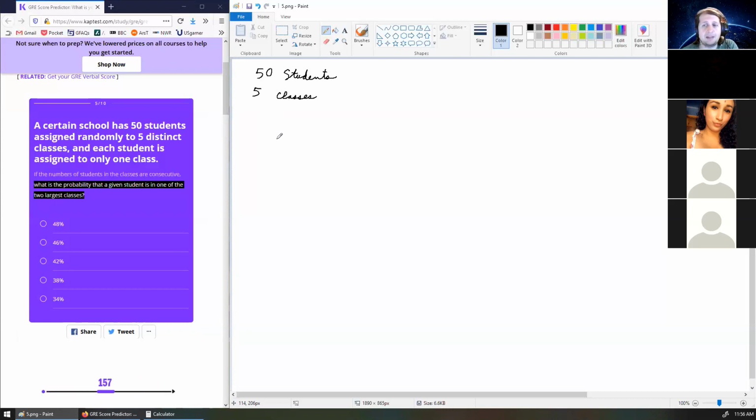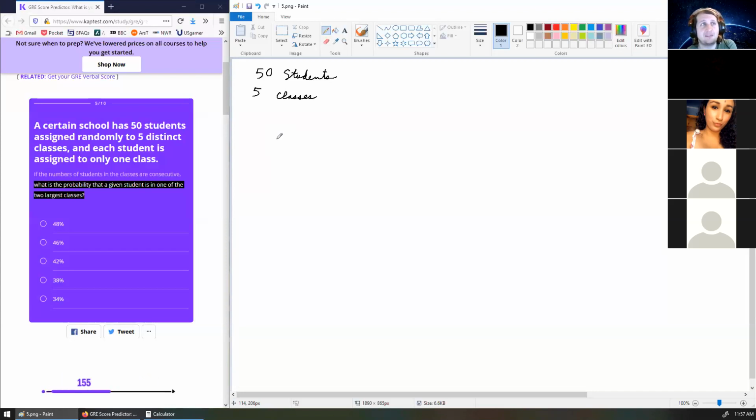But there's a gotcha in this question, a little trick to it. Does anyone see any other keywords that are iffy about this? The consecutive? Yeah. That's the wrench in the works here.